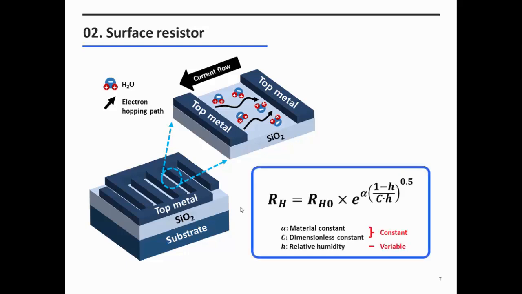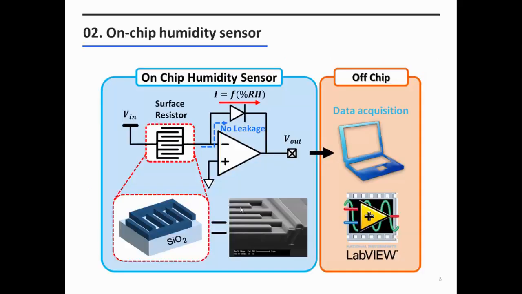We chose a comb structure for the surface resistor to minimize the size of the chip. And the surface resistor can be expressed using this equation. As you can see in this equation, the surface resistor is only a function of the relative humidity, because alpha and C in this equation are constants in the fabricated chip.